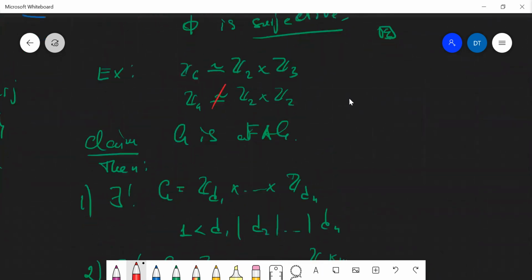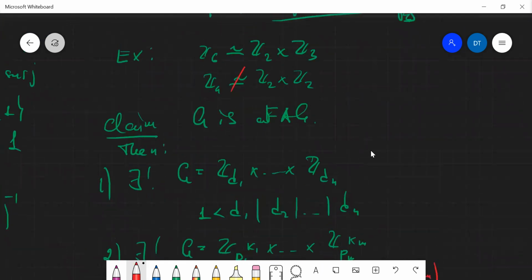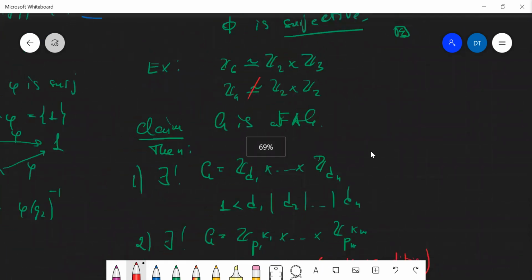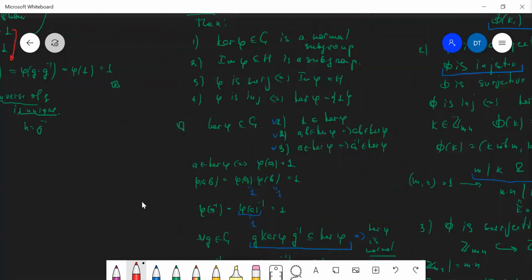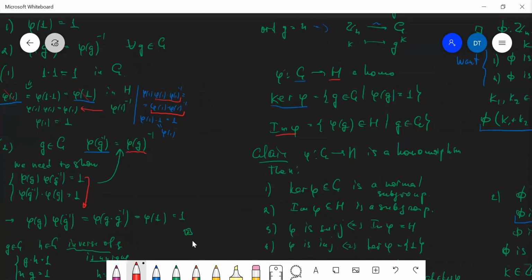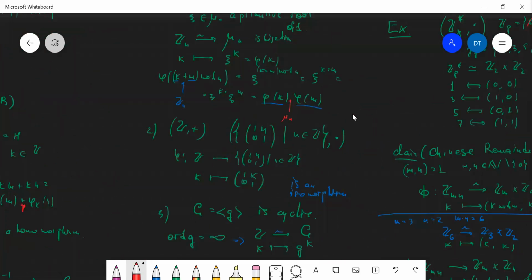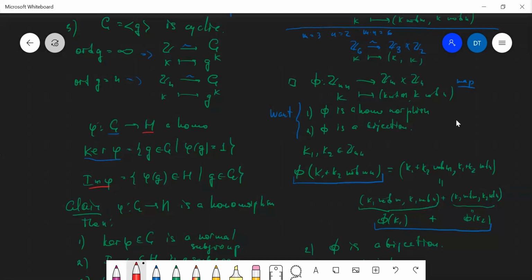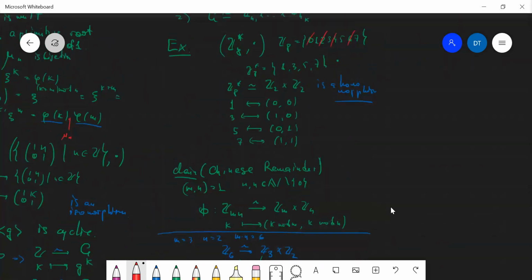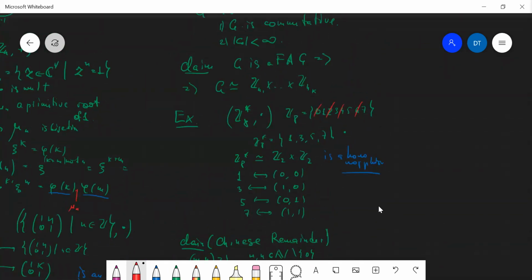And another question. That was before the Chinese remainder theorem claim. There was an example with Z8 star. Right before the Chinese remainder theorem. So why do we use exactly such a bijection?